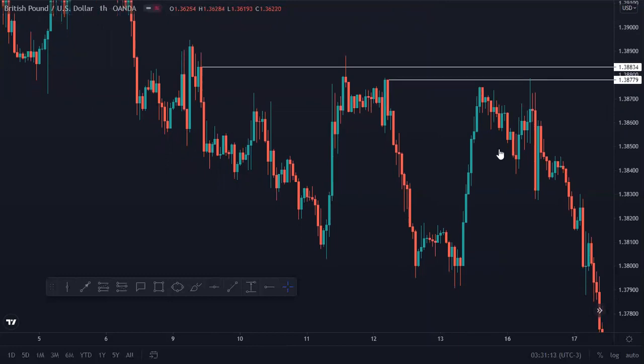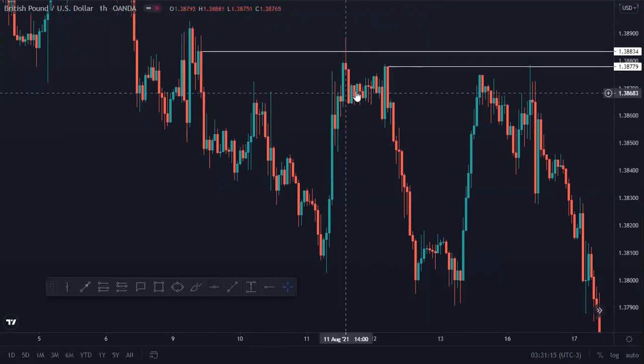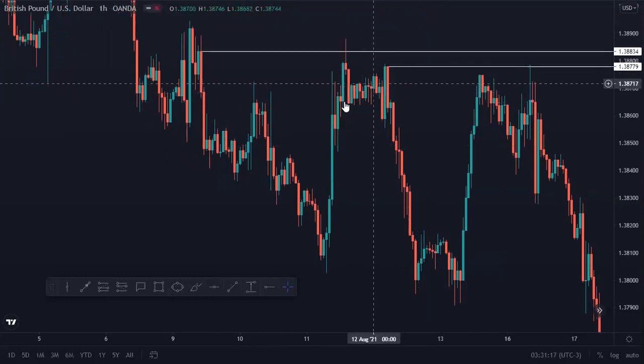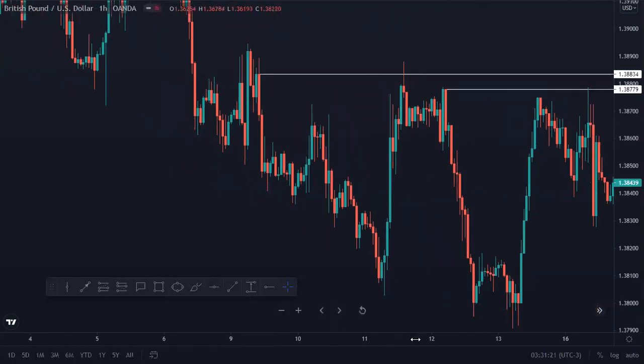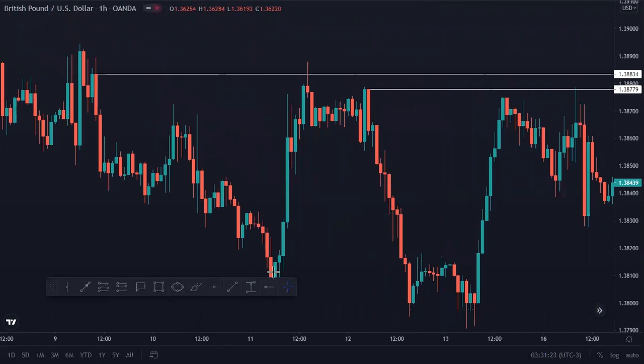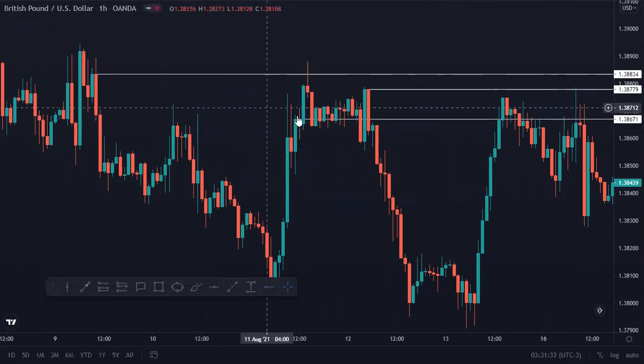Let me see. This is a new invalidation. Remember, I told you that we respect our candle bodies and not the wicks. So our invalidation was here. This was our invalidation.